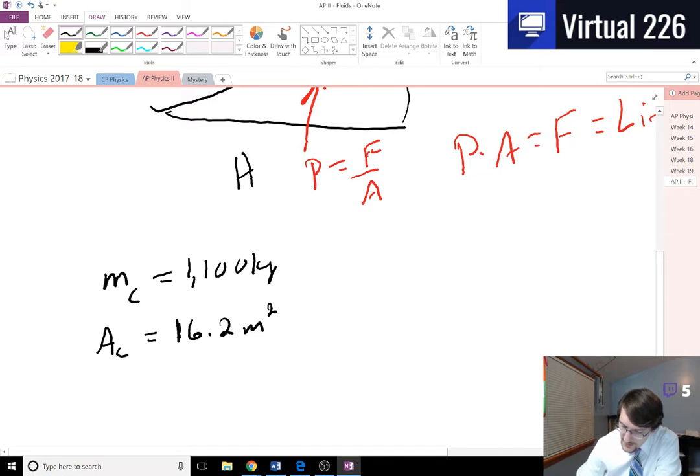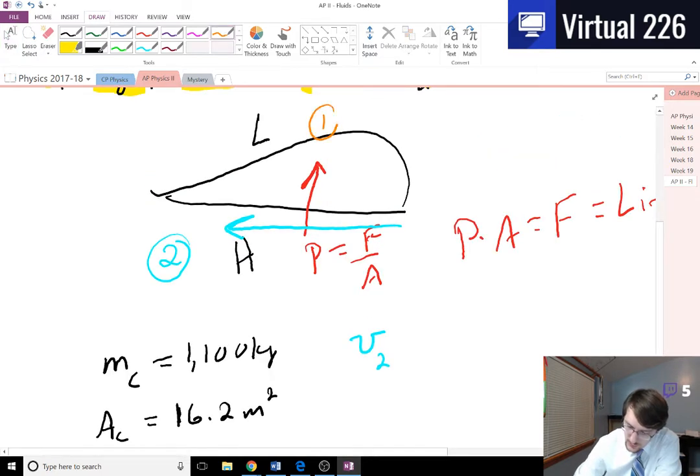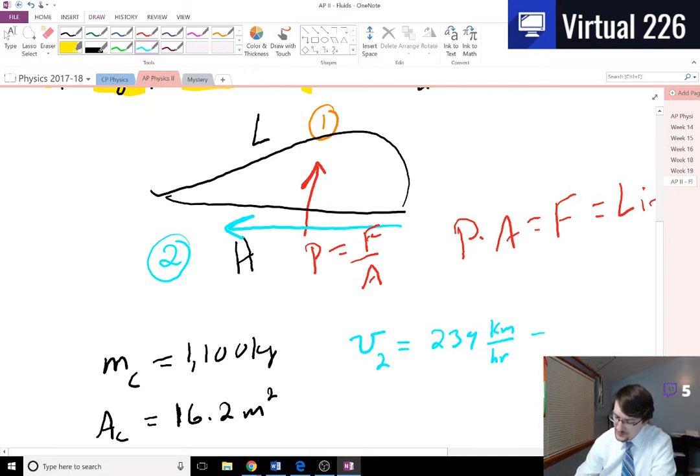And we know that the velocity running across the bottom side airfoil, we'll call that region 2, and we'll call the upper region 1 with the low pressure. We know the bottom side air velocity is 239 kilometers per hour. And if we put that into some reasonable units, because let's get real, that is approximately 66 meters per second.